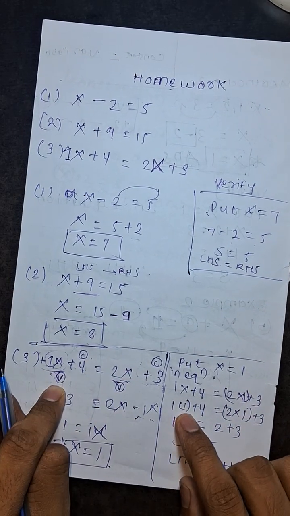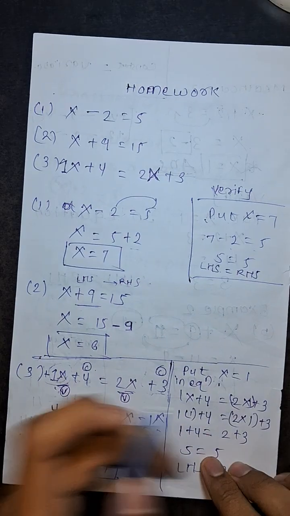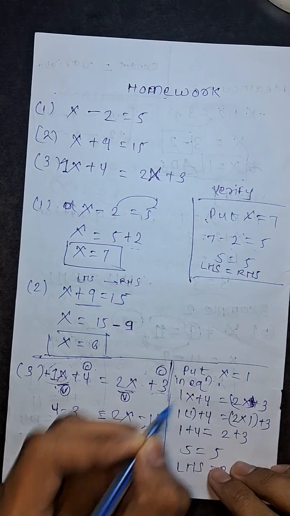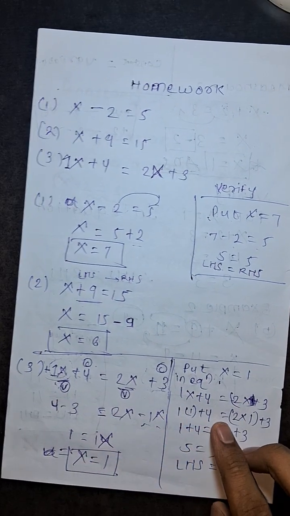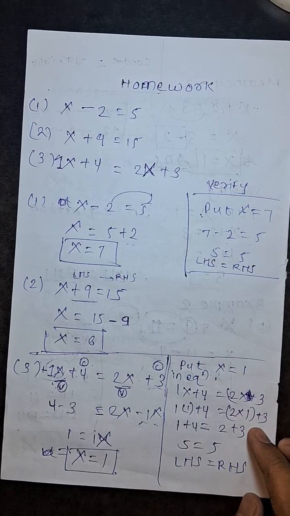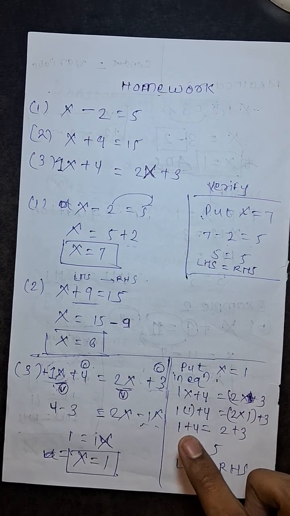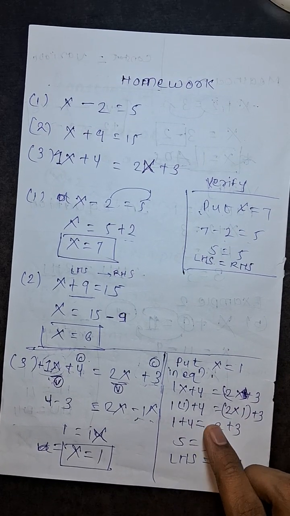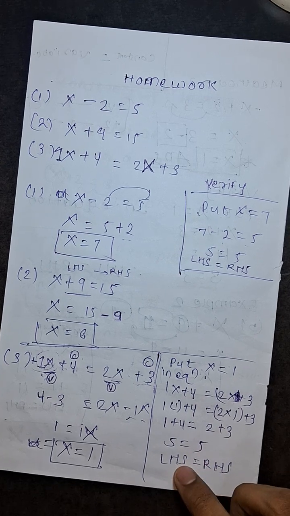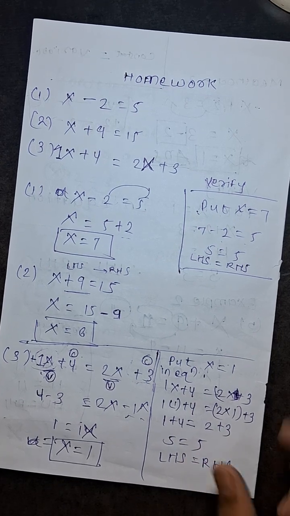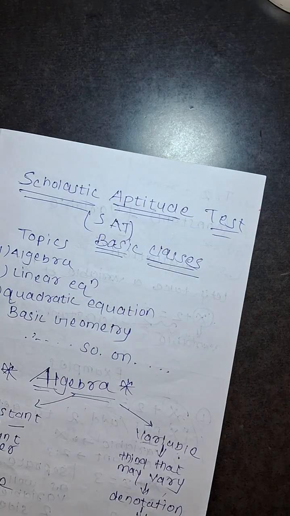Okay, this is 1x, sorry. So 1 into 1 plus 4 is equal to 2 plus 3. 1 plus 4 is 5 and 3 plus 2 is 5. Hence LHS is equal to RHS, and hence 1 is the correct solution of our equation.